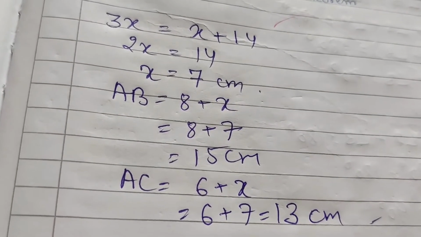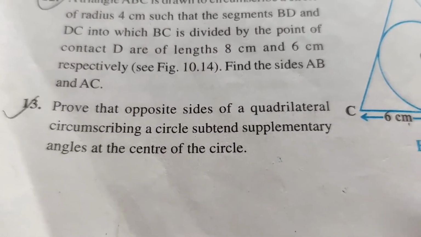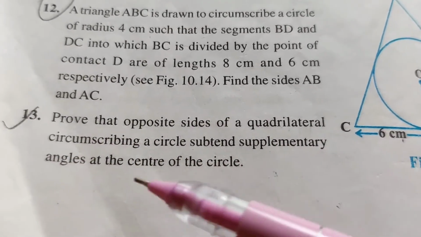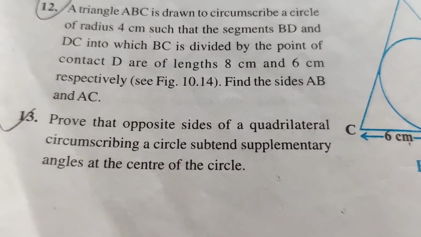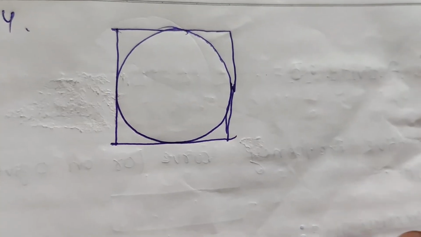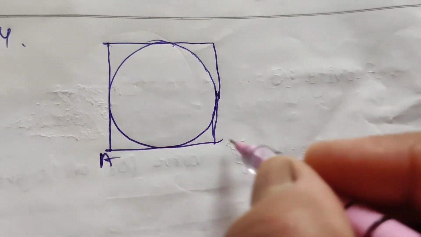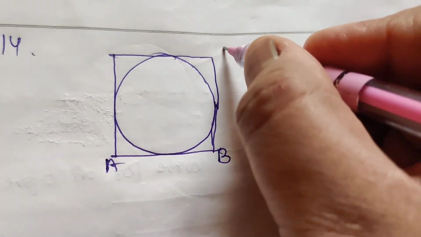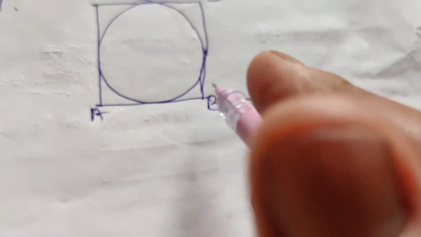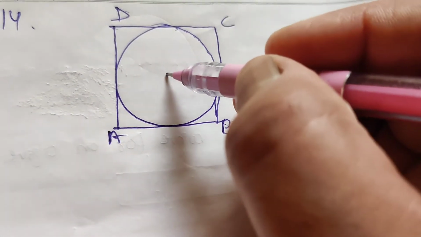Last question. Prove that the opposite sides of a quadrilateral circumscribing a circle subtend supplementary angles at the center of the circle. This is the figure. ABCD is a quadrilateral. The circle is inscribed in it.